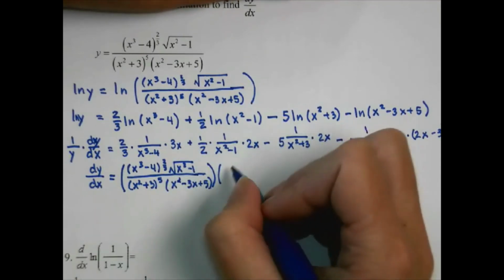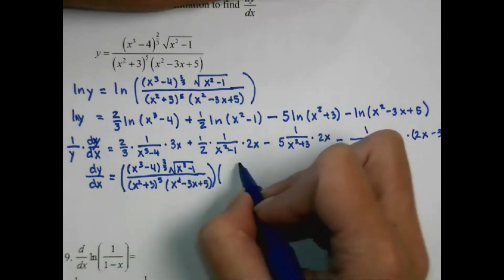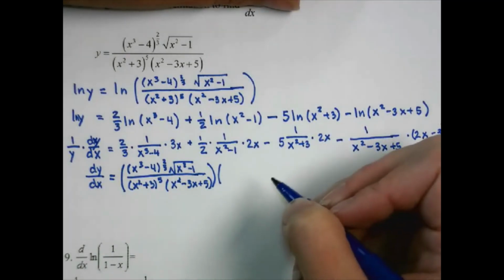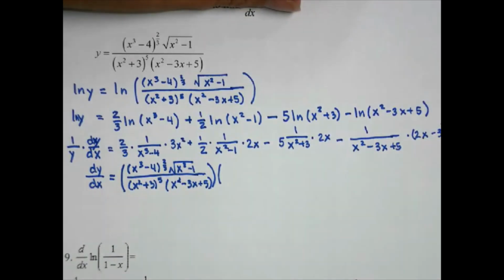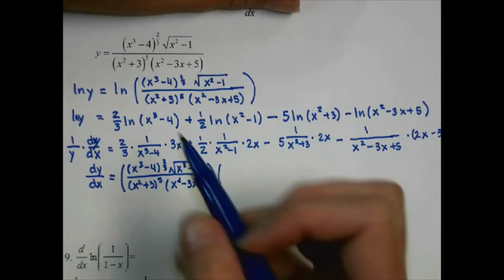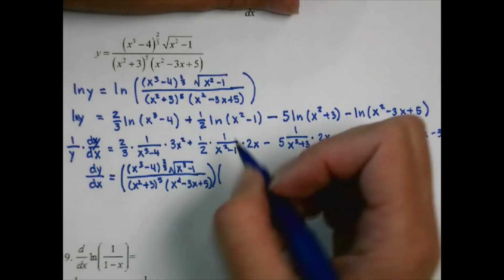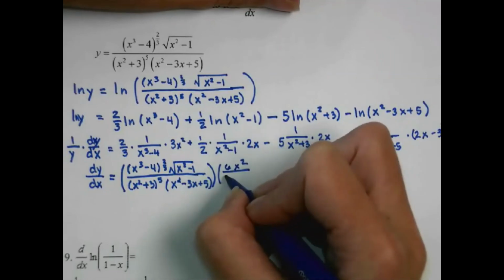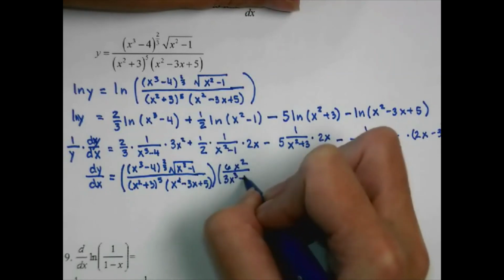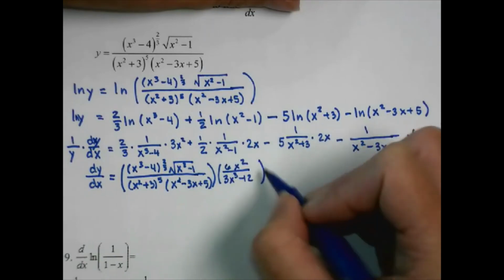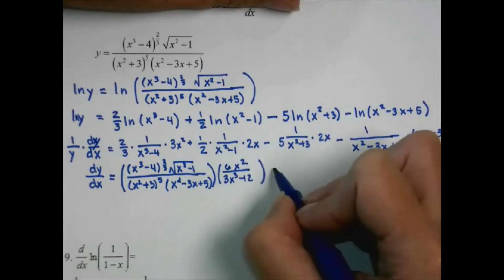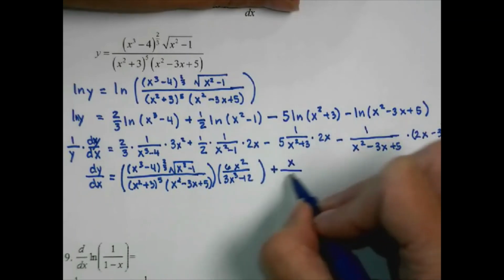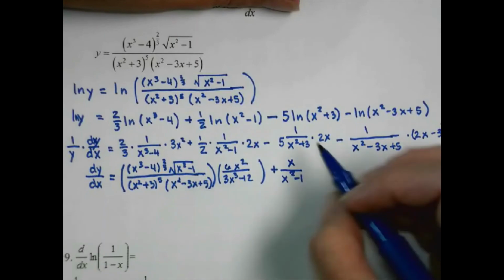So I'm going to have, and you can simplify it in different ways. So we're going to have 2 times 3x squared would be 6x squared all over 3x cubed minus 12. Here, the 1/2 and the 2 cancel, so I'm just left with that x over x squared minus 1.